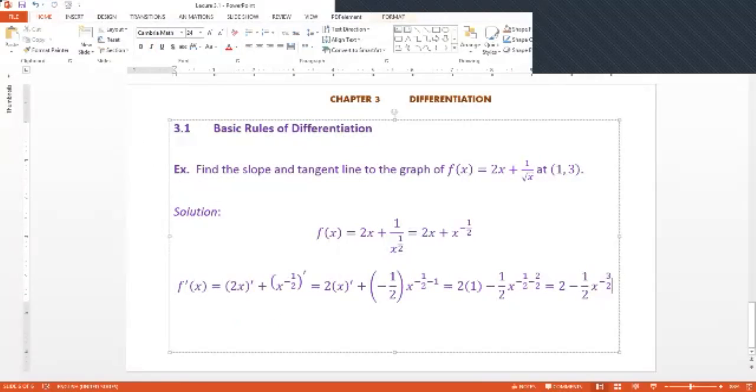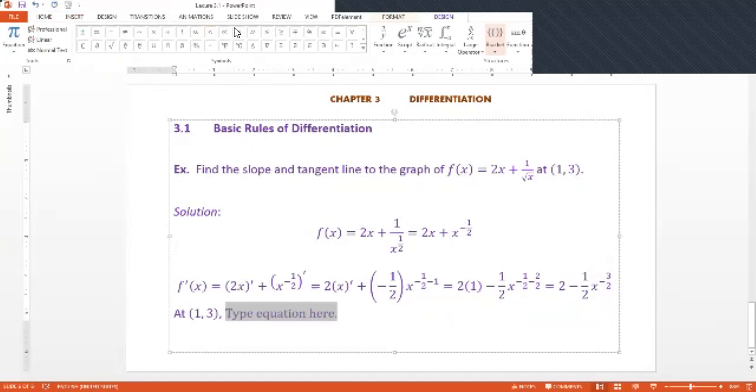Now we can plug in x equal to 1 to find the slope of the tangent line, okay? So this is what is asked in the problem. So at the point 1, 3, x equals 1.